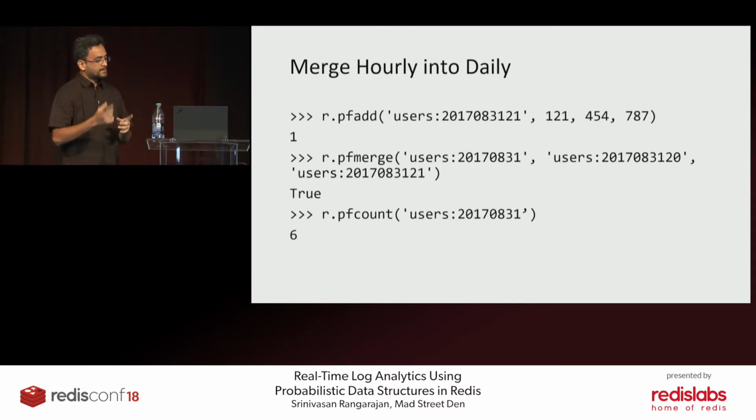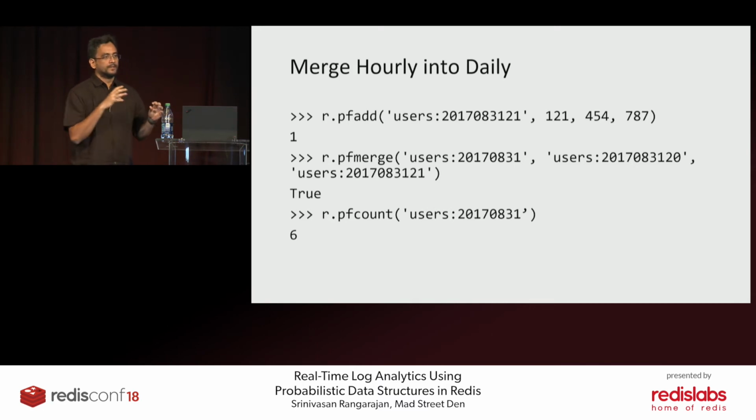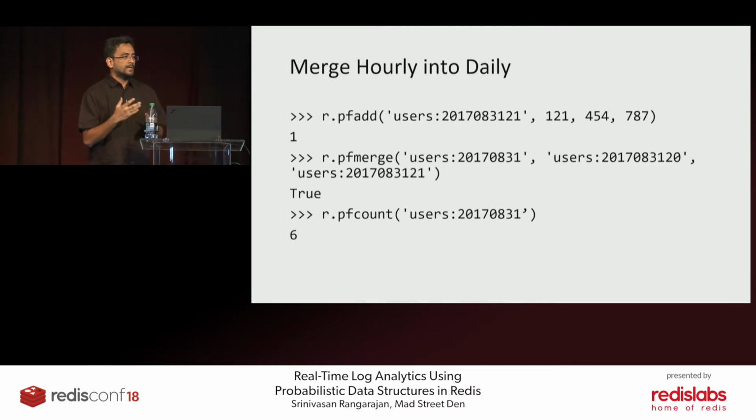And the second best part about Hyperloglog in Redis is you can merge multiple keys into one Hyperloglog. This is really helpful. If you take all the hourly keys for a particular day, you can merge them all together and you get a daily key.